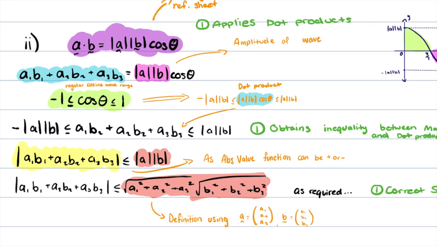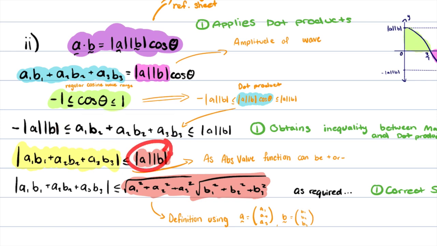Looking at this expression, we know that an absolute value function can either be positive or negative. From learning further functions in the Extension 1 course, we know that we could rewrite this expression as the absolute value of our dot product is less than or equal to the positive version.